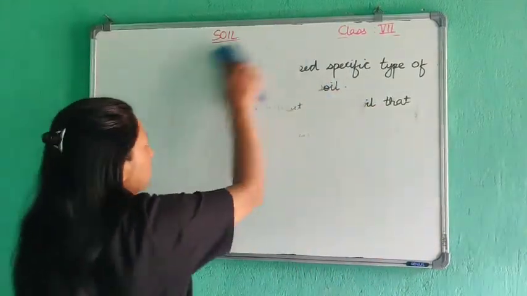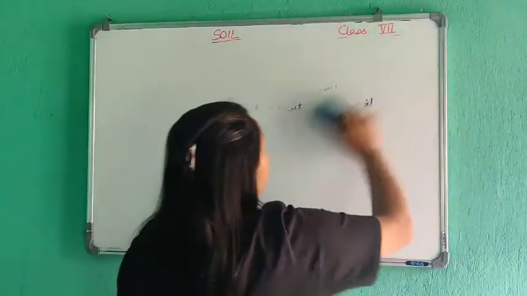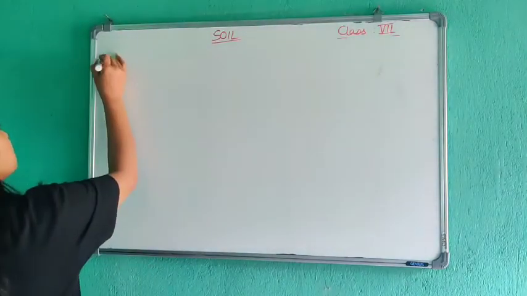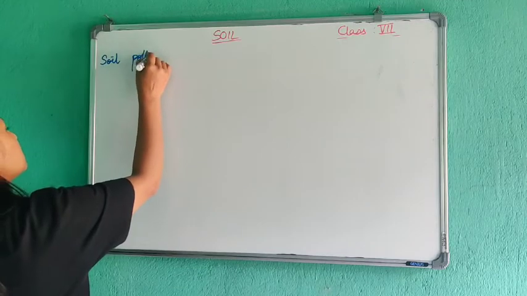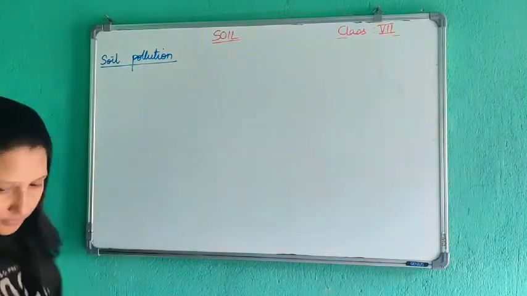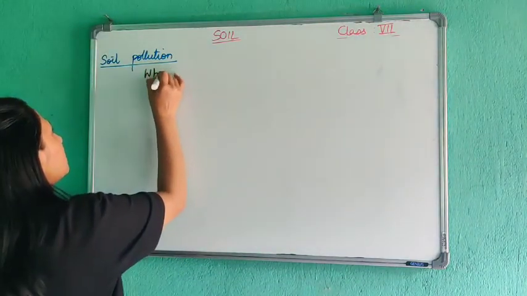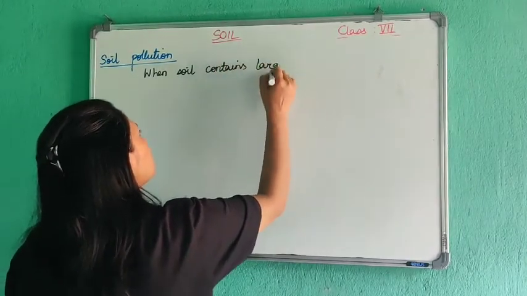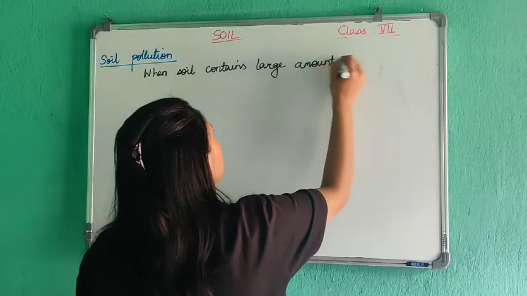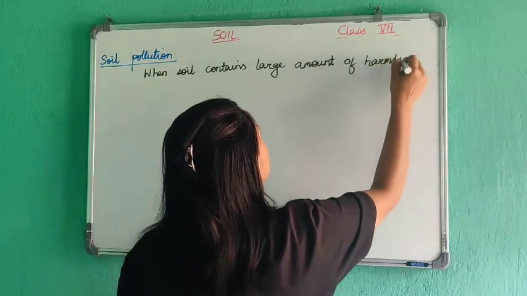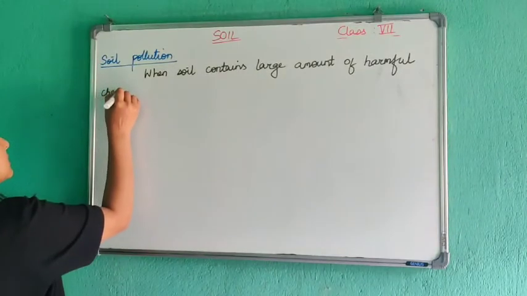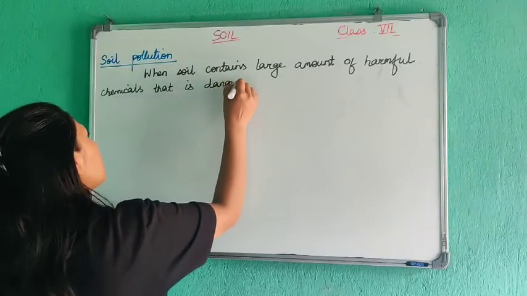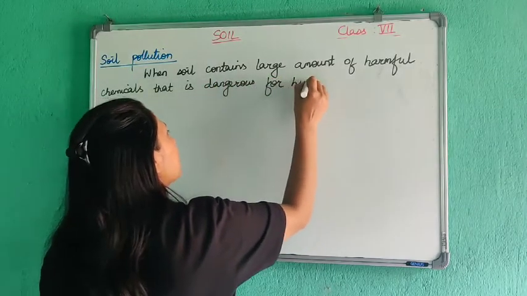Soil pollution is when soil contains a large amount of harmful chemicals that are dangerous for human health and the environment.